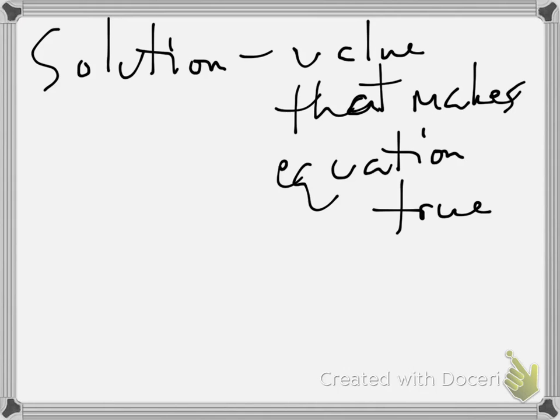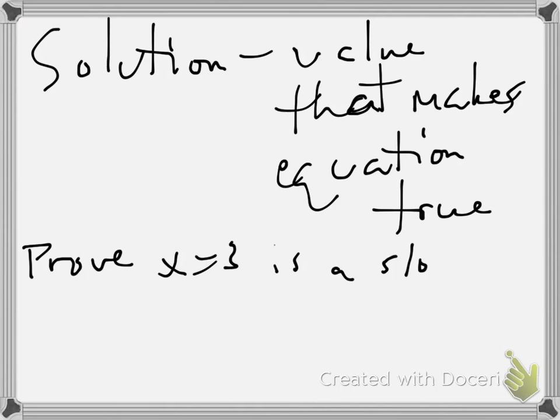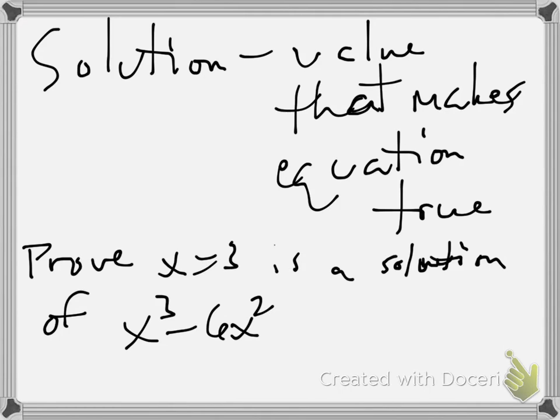So let's just say in the third box on your notes, it says prove x equals 3 is a solution of x to the third minus 6x squared plus 11x minus 6 equals 0.